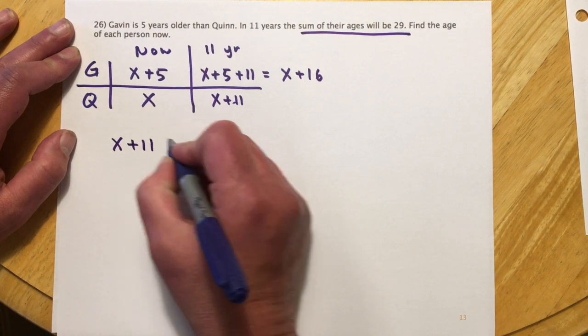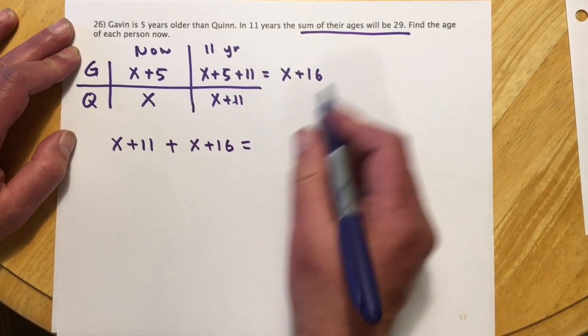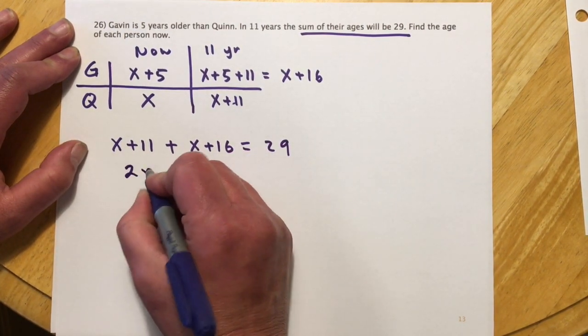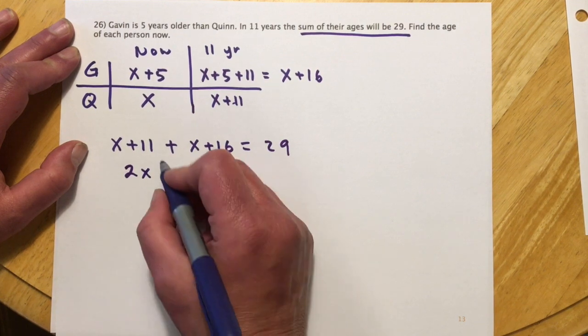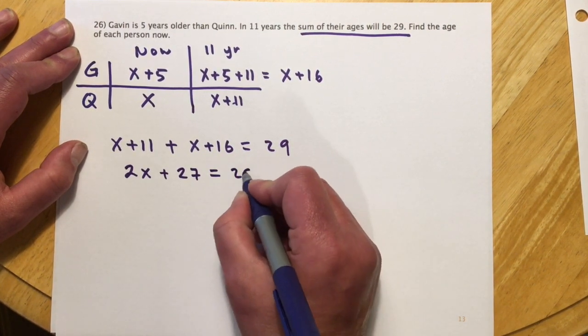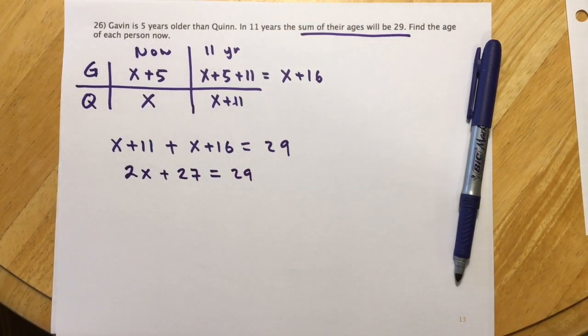So we got Quinn plus Gavin equals 29. So x and x is 2x. 11 and 16 would be 27 equals 29. And then from there we just do our same old solve.